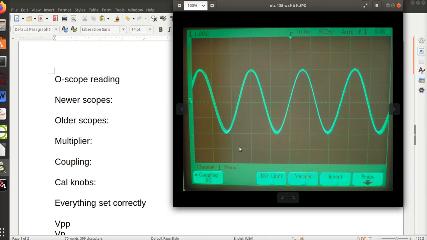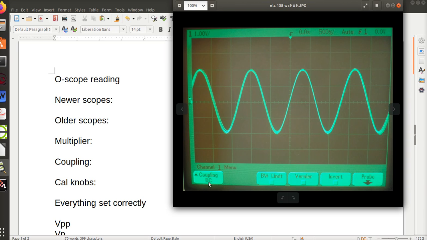Okay? This scope also talks about coupling, and the coupling is DC. DC coupling will show an AC waveform, which is what I've got here, and it will show any DC levels that are combined with that AC waveform.